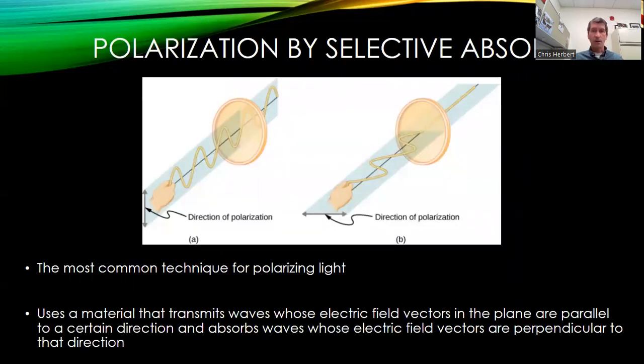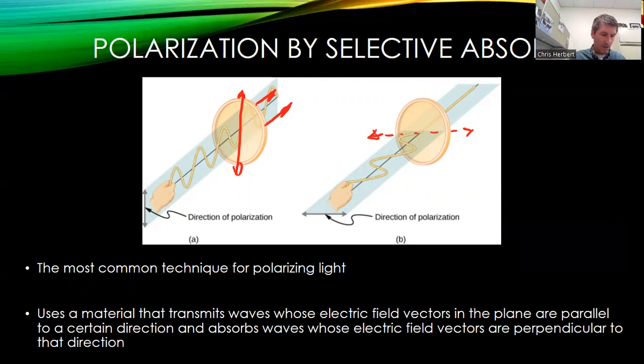This is what is known as selective absorption. It's a dichroic filter, and it is going to allow this polarization through, but it's not going to allow this polarization through. So if I send the light through and it's in the up and down direction, the light's going to make it unimpeded. Well, there's always going to be some absorption, I've got to be fair here.